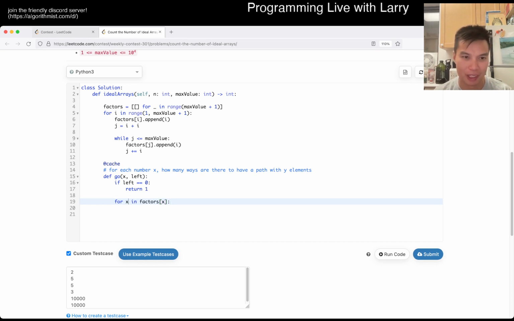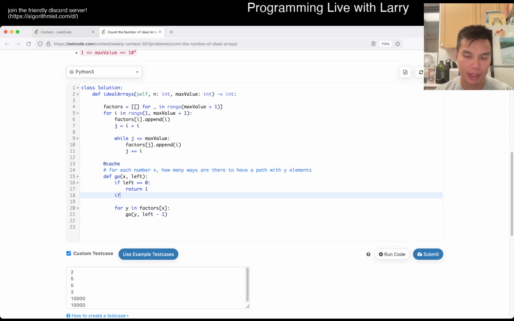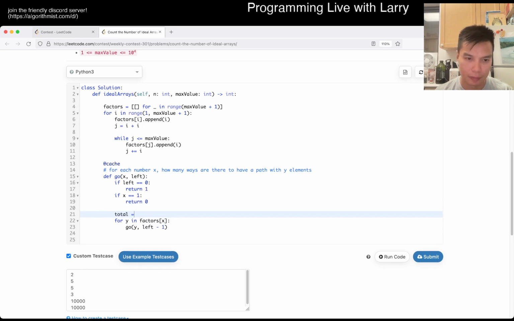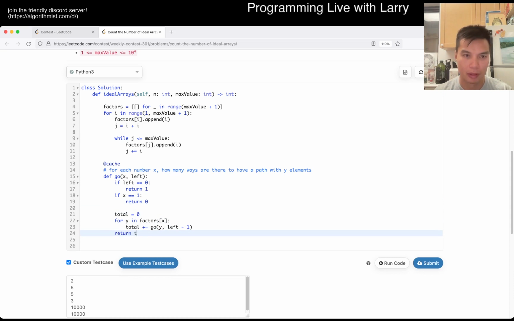For y in factors of, so this is a factor. We take this path, and then we subtract by 1, right? And this can be 1. If x is equal to 1, we return 0, right? Okay. I know I have to do mod. Hang on.